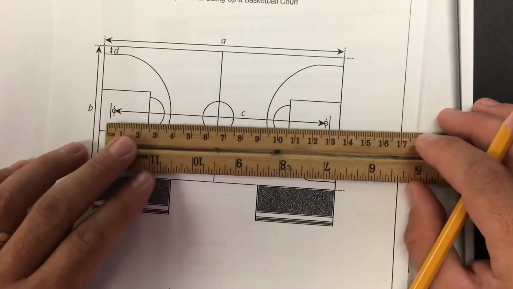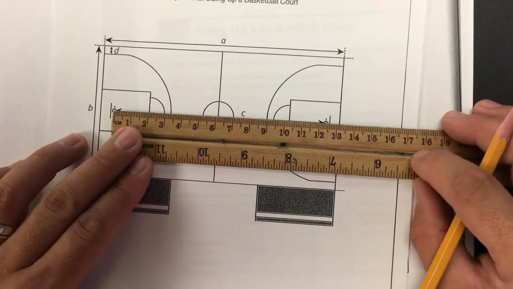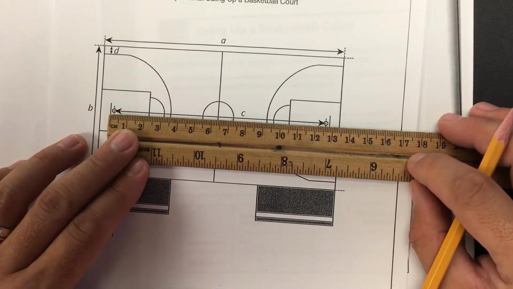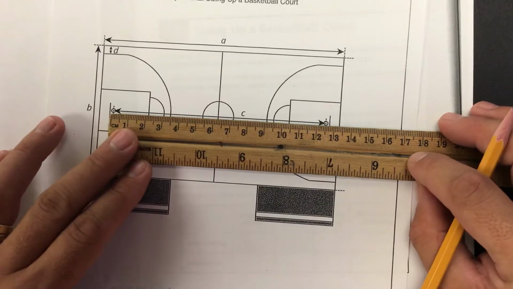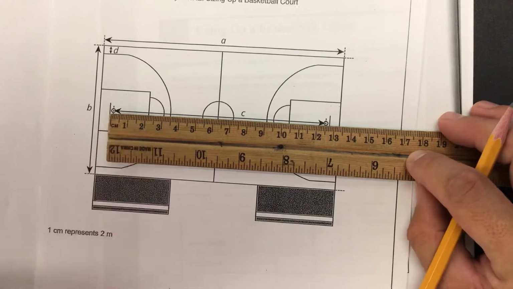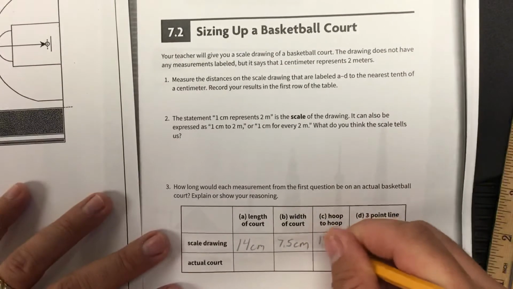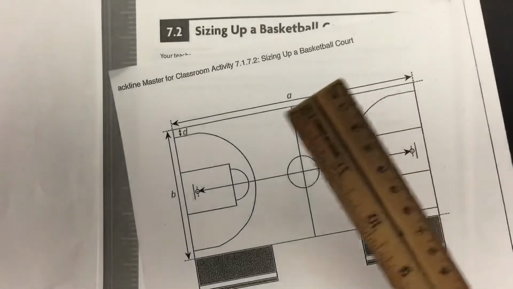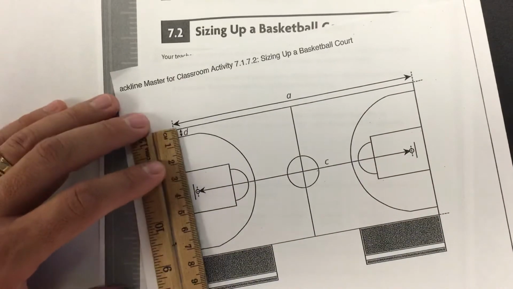That's labeled by C on your drawing. What do you think on that one? 12.5. 12.5, all right. And the 3-point line to the out of bounds, letter D up in the left-hand corner.